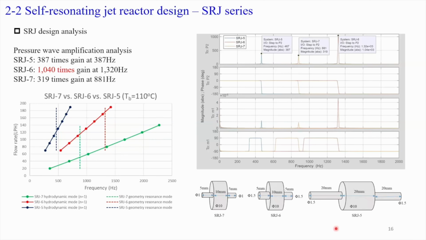But among these existing designs, it's already feasible for us to create an amplified pressure wave of more than 1,000 times, which is the SRJ6 shown right here. Although we still need the proper excitation for this amplification to occur.